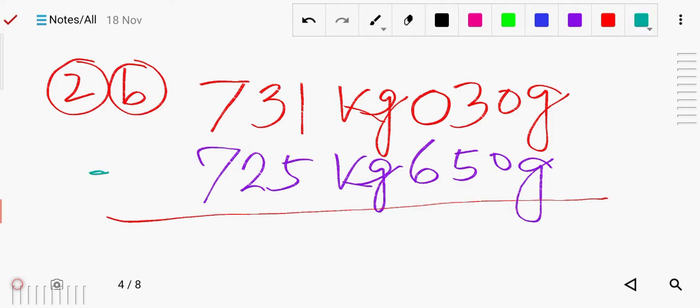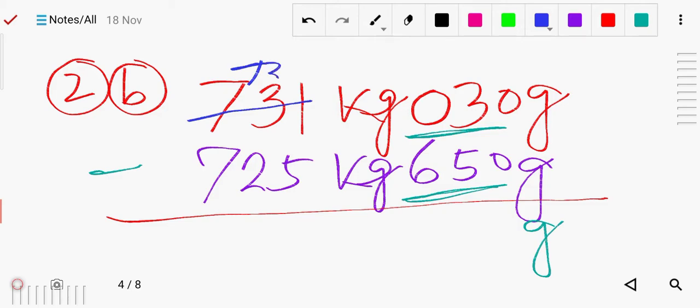Now we have to subtract. Here gram minus gram, so here is 30 and here is 650. Can we subtract? No. So we will take a borrow. From where will we take the borrow? We will take the borrow from here. So here it will be 730, and 1 will come as a borrow. 1 kg will come at this side.